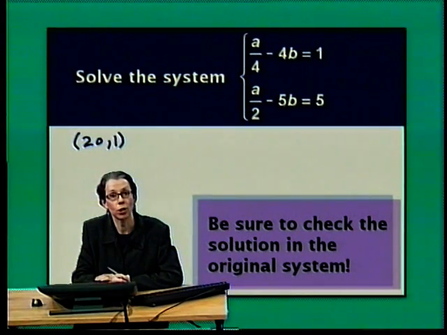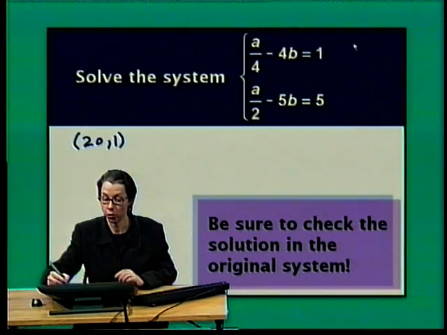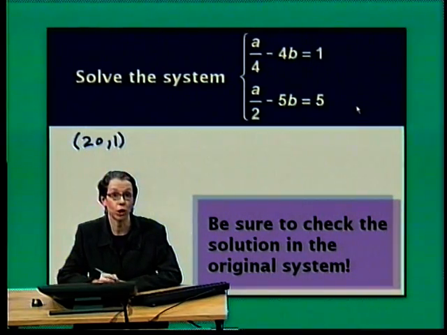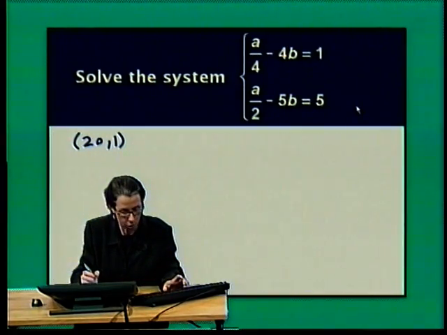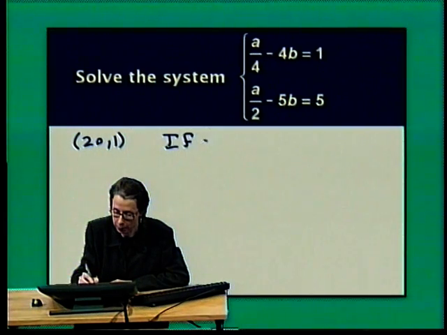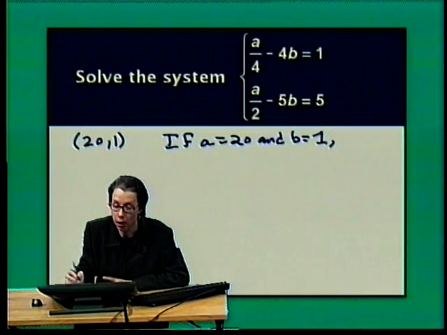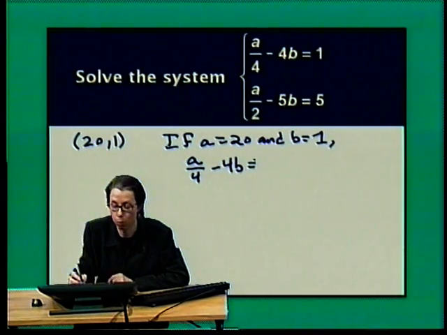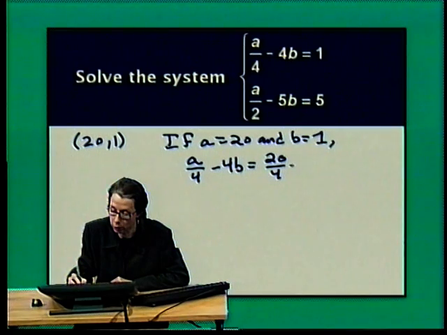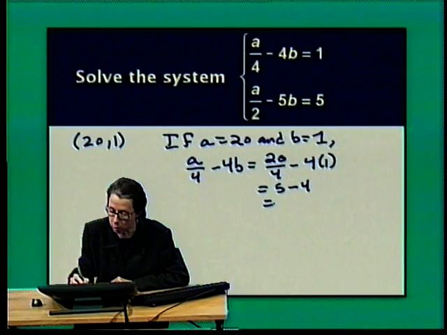But we need to be sure to check the solution in the original system. So I've put the original system back here so we can perform our check using the original system. So let's do it. So if a equals 20 and b equals 1, this ordered pair should satisfy both equations. So a over 4 minus 4b, this should equal 1. Let's see. 20 over 4 minus 4 times 1, that's 5 minus 4, which equals 1.